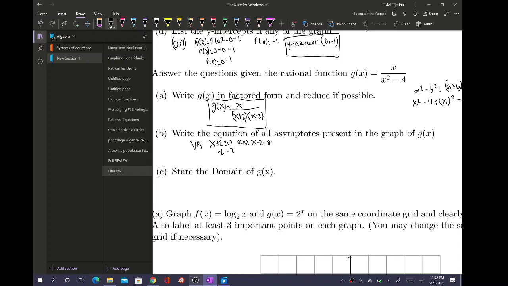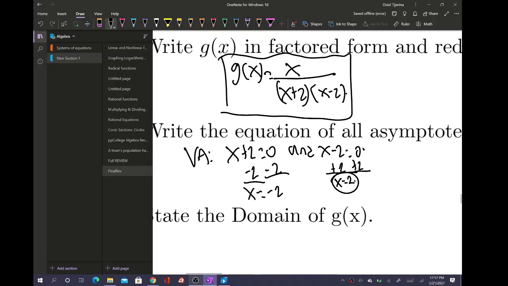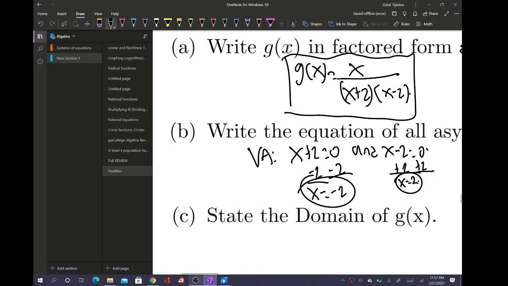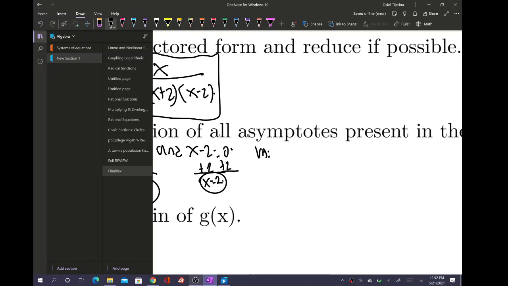So if you subtract 2 on both sides, you get x equals negative 2, and if you add 2 on both sides here, you get x equals 2, right? So these are your two vertical asymptotes.